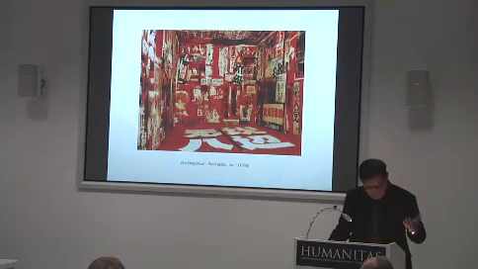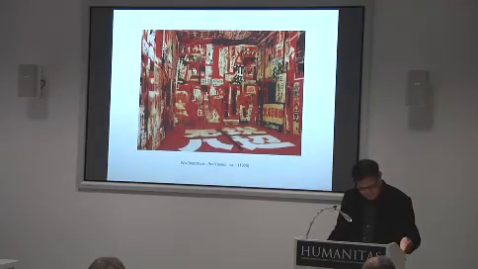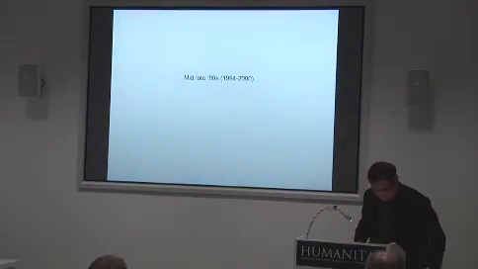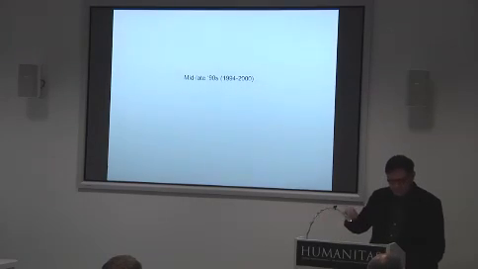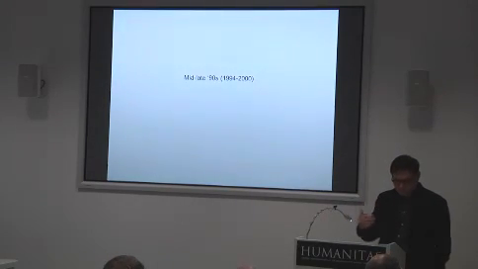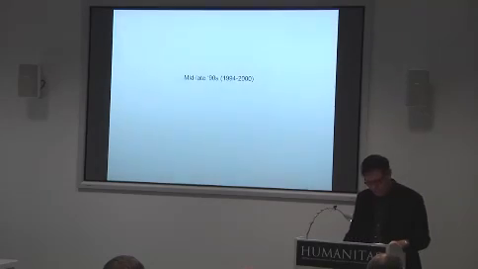So let me leap to the mid to late 1990s, the last topic. I should say that this is not how the history of contemporary Chinese art is normally told.